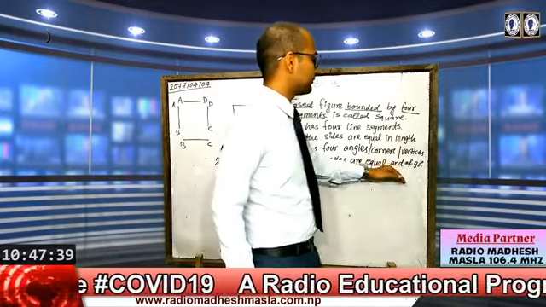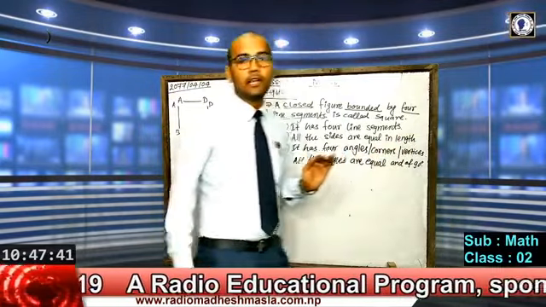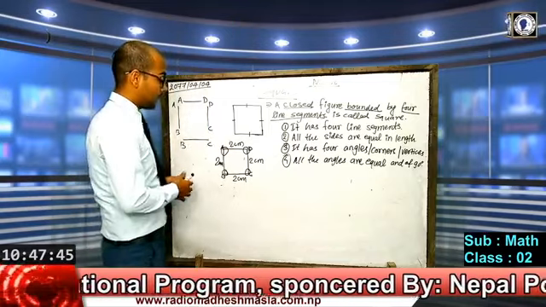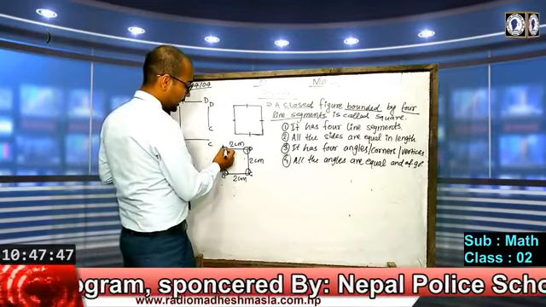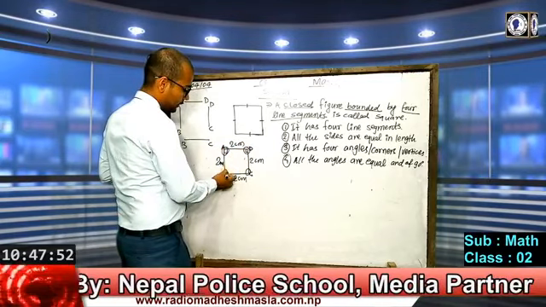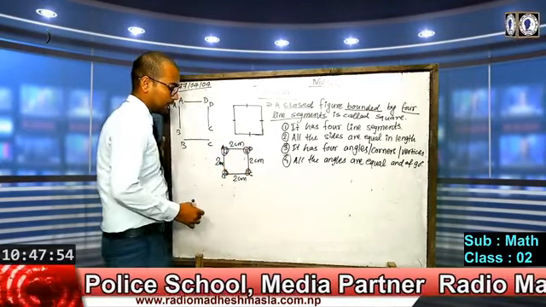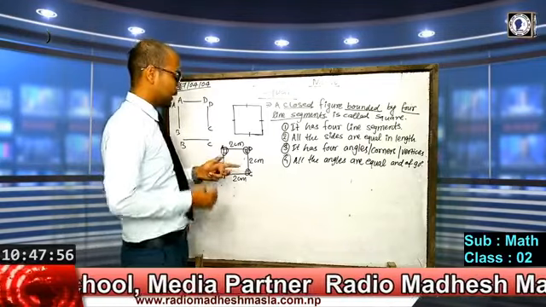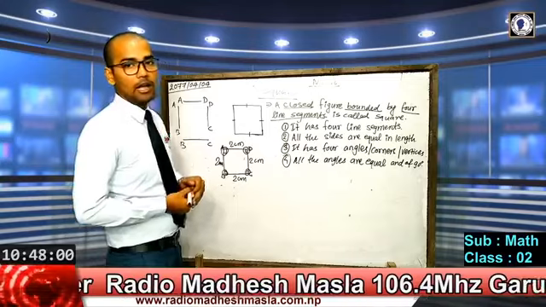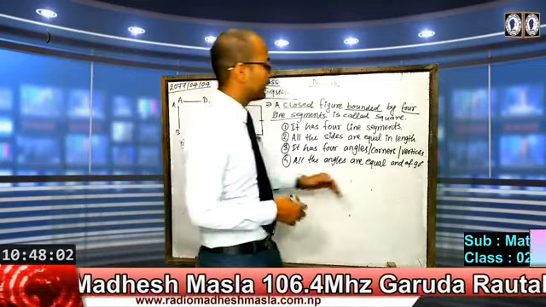is 90 degree. Yes, so when we measure these 4 angles with the protractor, then we can get its measurement as 90 degree.